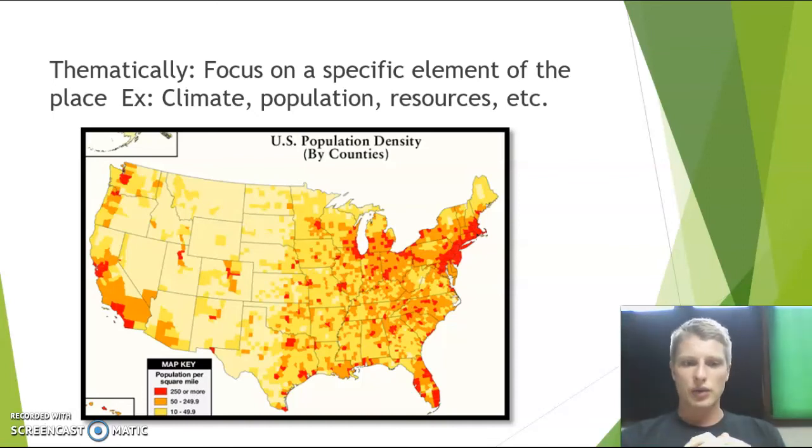So red boxes represent 250 or more per square mile. Okay, for the orange parts, there's 50 to 250, right? For the light gray, there's 10 to 49. The other one, there's less than 10 per square mile. The county I'm from in Canada has 0.6 persons per square kilometer. So much smaller.